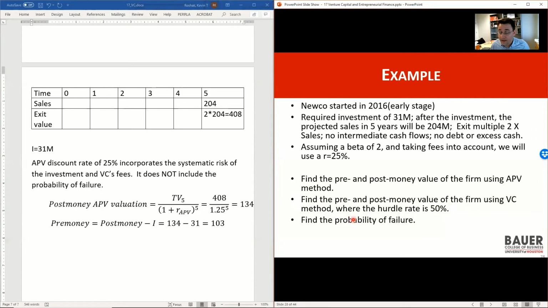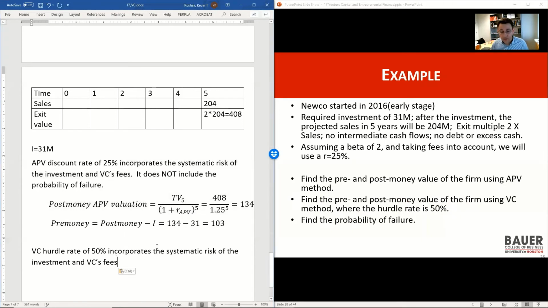We want to use the VC method to value the company. This hurdle rate of 50% incorporates the systematic risk of the investment, it incorporates the VC fees, and it incorporates the probability of failure. The VC is not a dummy. The VC knows that there's a very distinct chance that this company won't survive. That's why they ramped up the discount rate to 50% instead of 25%.